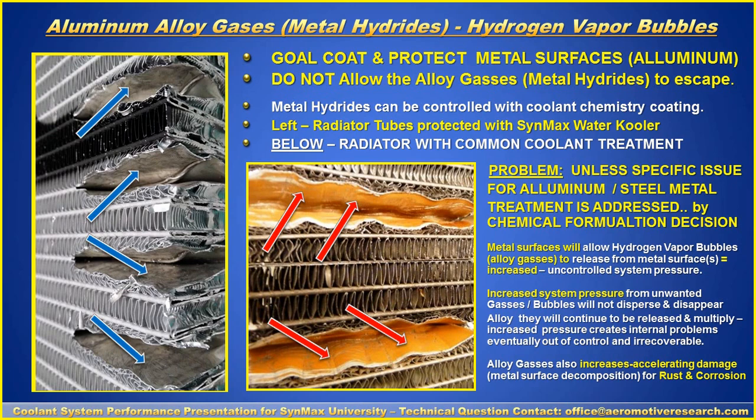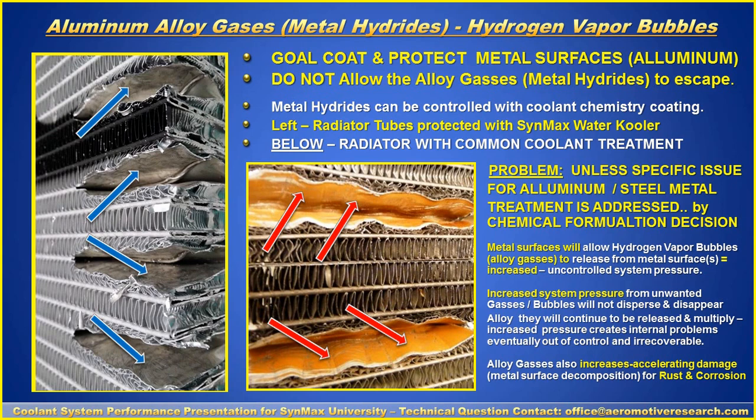Now on the left, you've got radiator tubes that were protected with the SynMax Water Kooler chemistry. Below, you've got a radiator with a common coolant treatment. The problem was, unless the specific issue for the aluminum metal is addressed by a chemical formulation decision, the metal surfaces will allow the hydrate vapor bubbles or alloy gases to release from the metal surface and increase the uncontrolled system pressure.